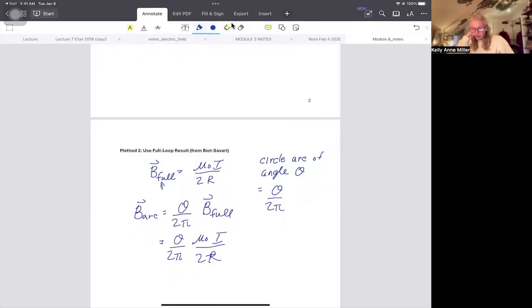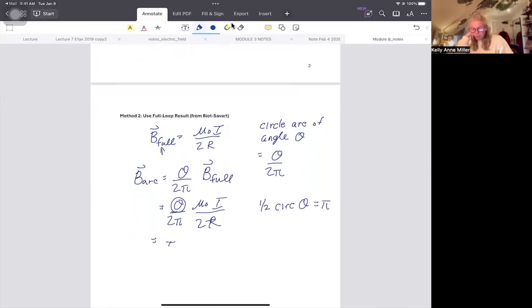Okay, so I know, like I did before, that the half circle theta is just pi. So I substitute that in, so that's pi over 2 pi times mu naught I over 2R.